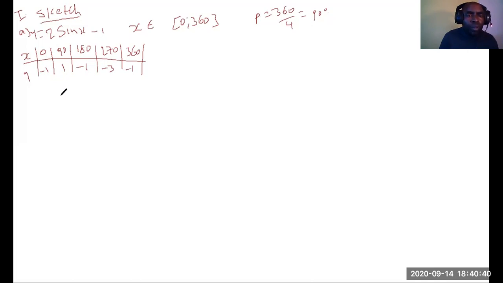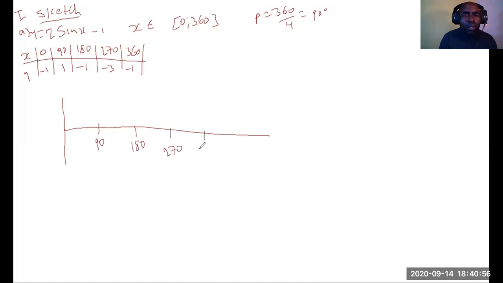Now we make our Cartesian plane. So here we have got 90, 180, 270, and 360.